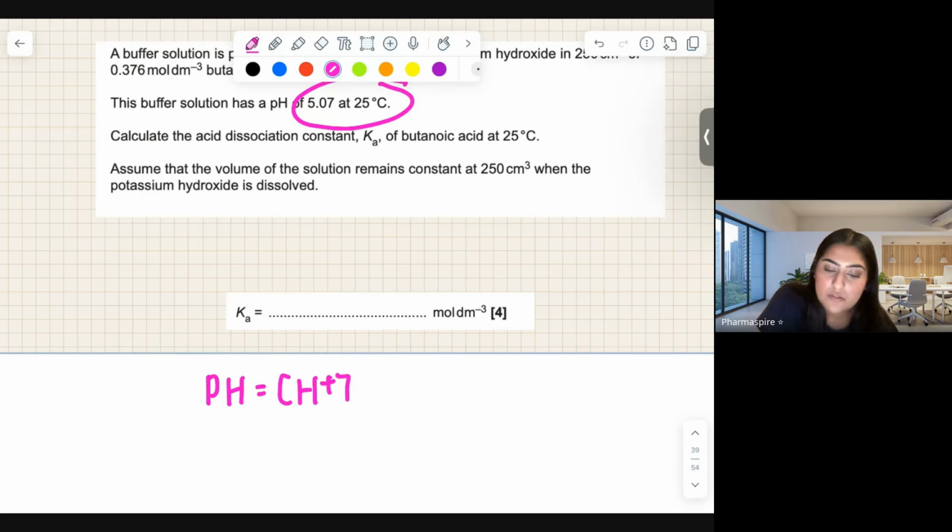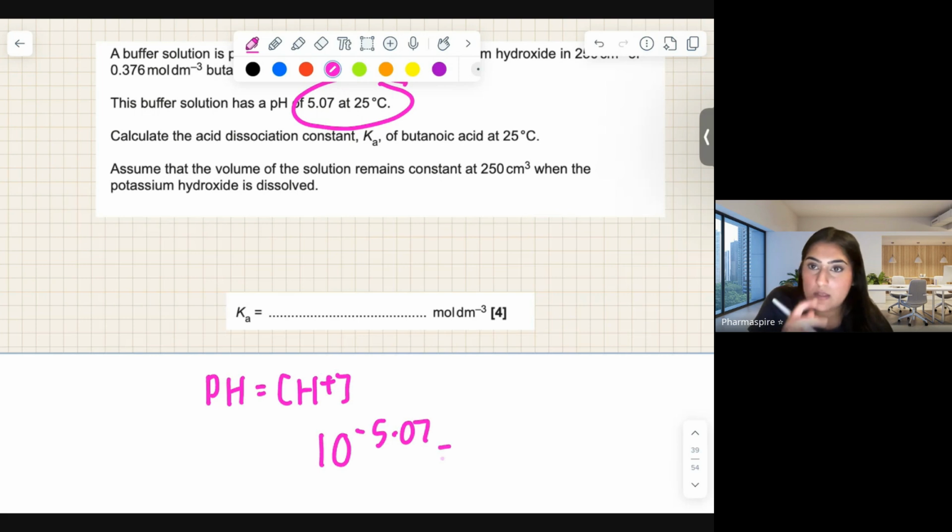So you can do 10 to the power of minus 5.07. If I put that in the calculator, you end up getting 8.51 times 10 to the power of minus 6.